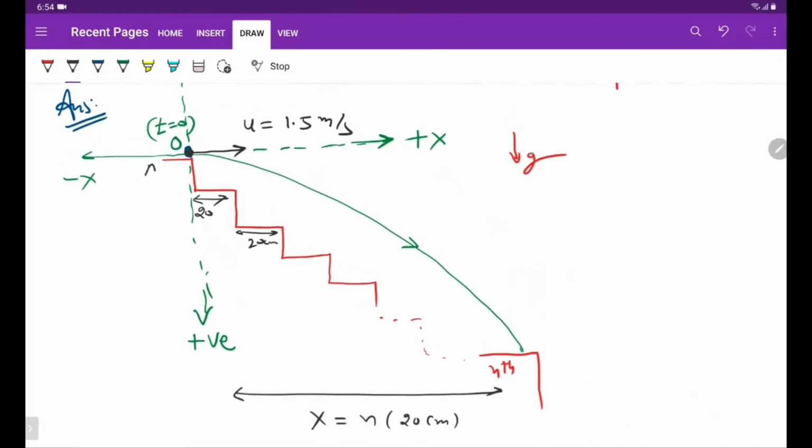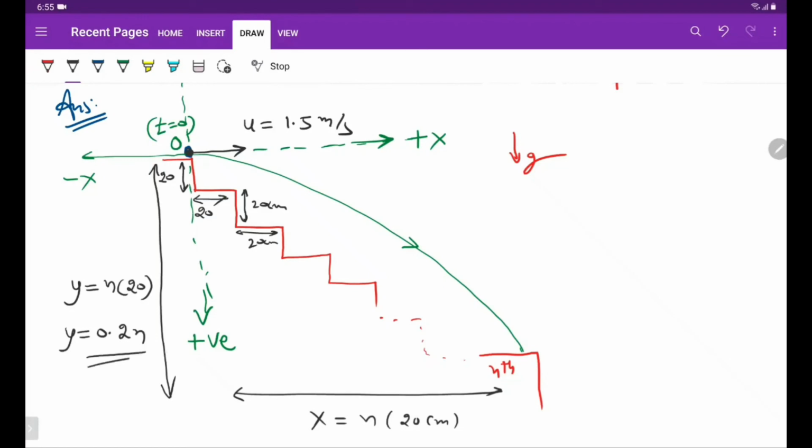Similarly, in the y direction, it has to cover the total height, the y coordinate. Here also the height of each step is 20, so up to the nth step we can write n times 20. So y is 0.2n in the SI system.